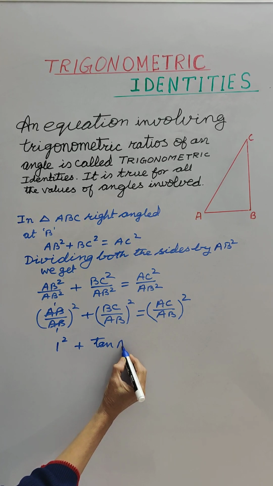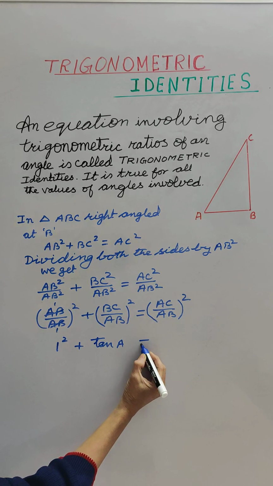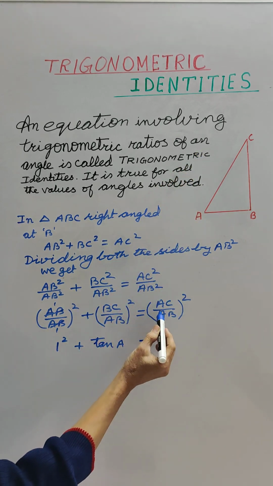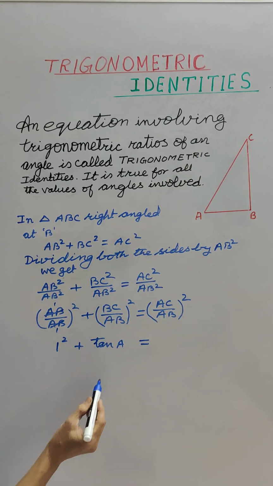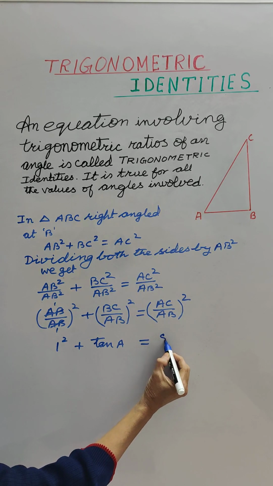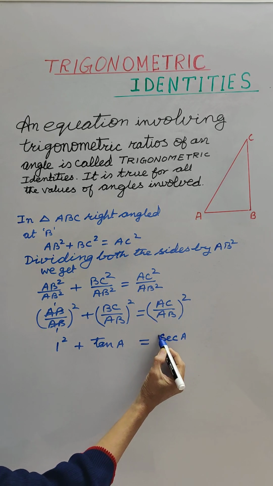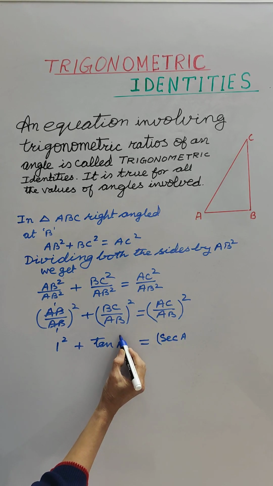Then AC upon AB is AC, hypotenuse, upon base, which is the opposite of cos theta, meaning 1 upon cos theta means sec theta. It is sec A whole square.